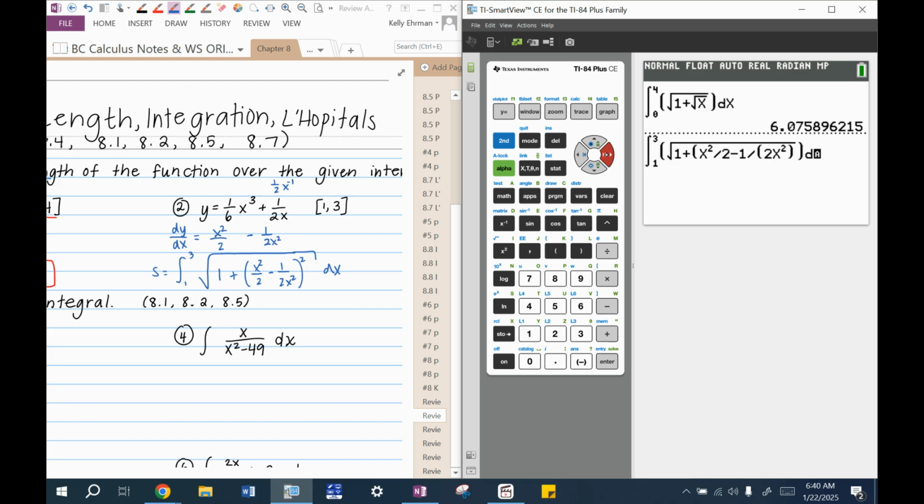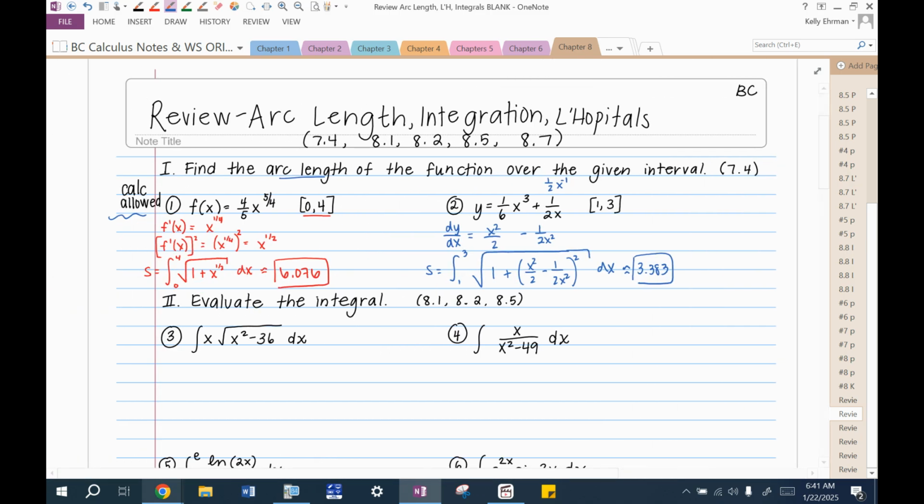Or remember, you can use alpha y equals, and that will give you a fraction so that if you type in 1 over 2x squared, the calculator understands that the 2x squared is in the denominator. Okay, so this one was 3.383. Okay, so that's our little arc length reveal.